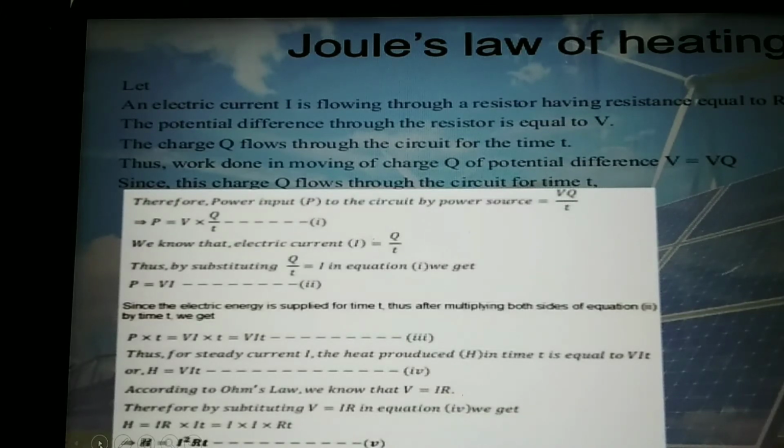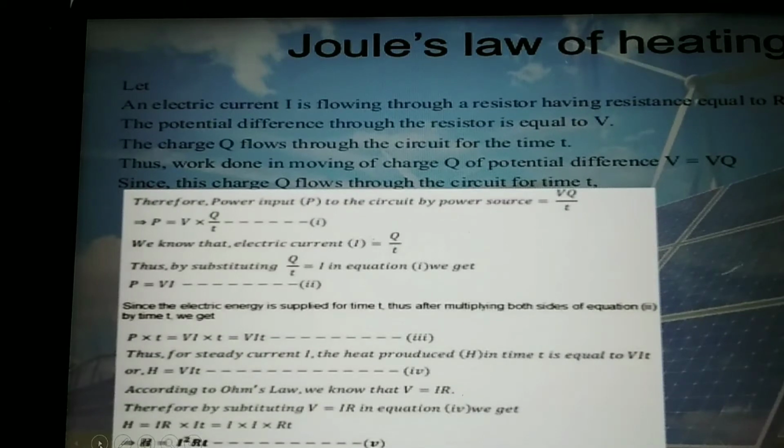Since this charge Q flows through the circuit for time t, the power input P to the circuit by the power source is equal to VQ by t. That implies P equals V into Q by t. We know that electric current I is equal to Q by t. Thus, by substituting Q by t with I in equation 1, we get P equals VI.